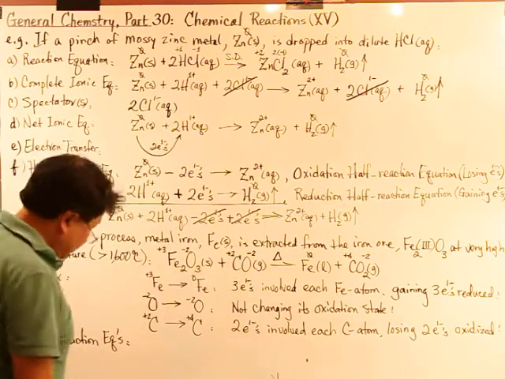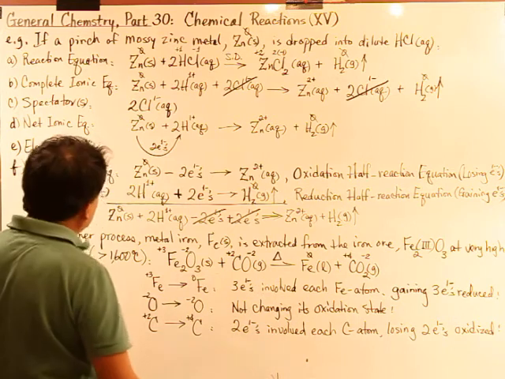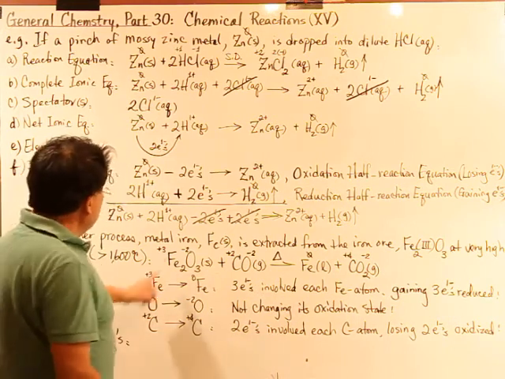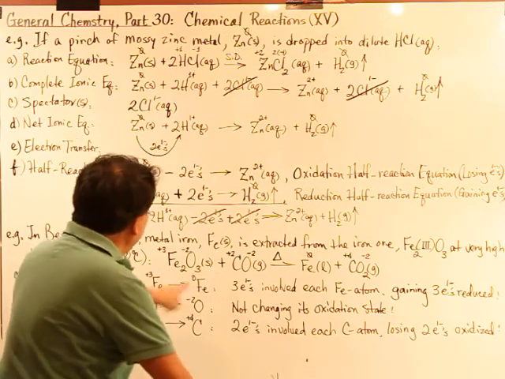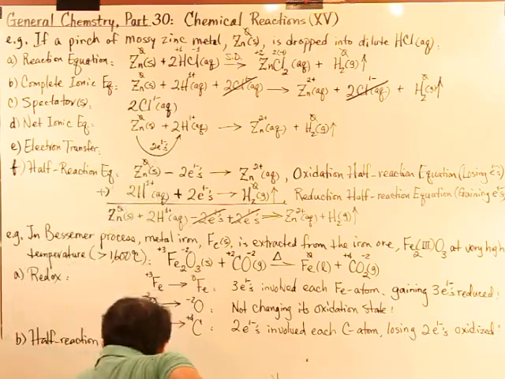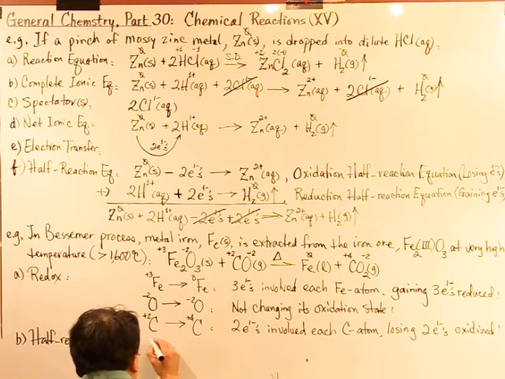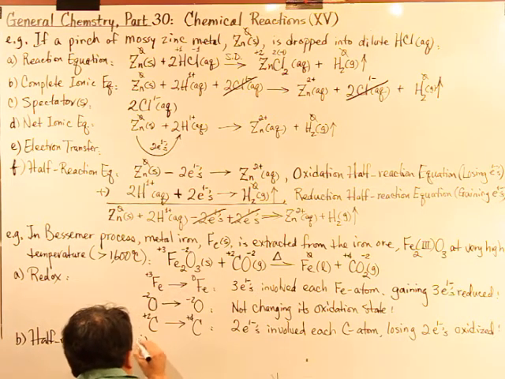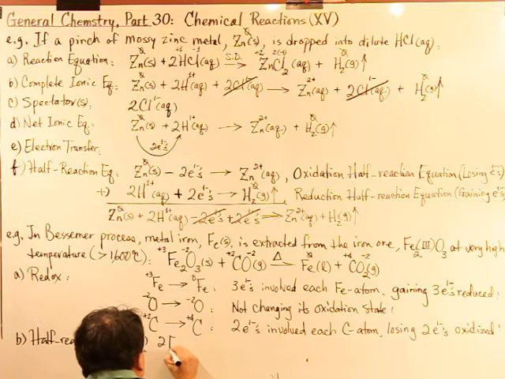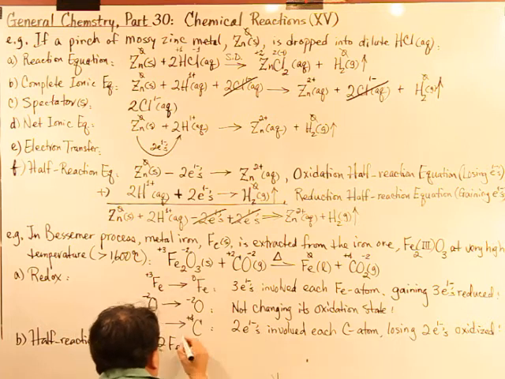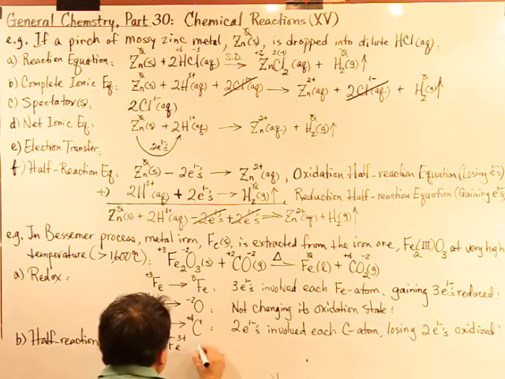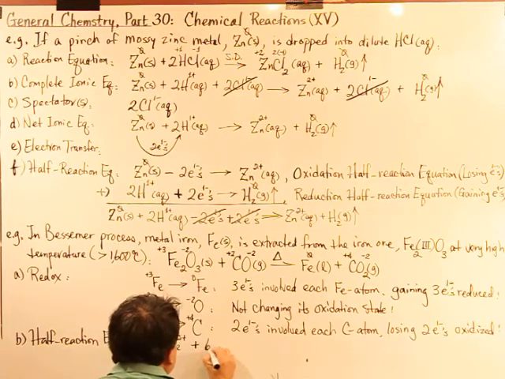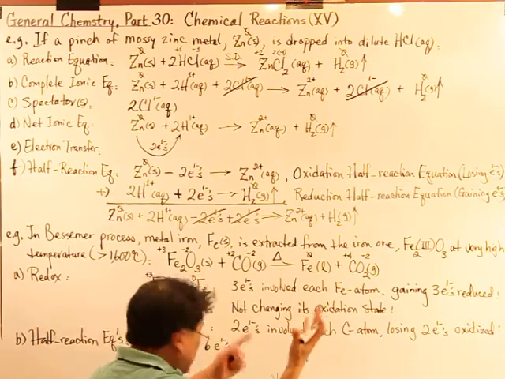The first one: you have to write this because you have two of them, and each one involves 3 electrons. So 2 iron from 3+ gain 6 electrons, because each one uses 3, and 2 of them use 6.